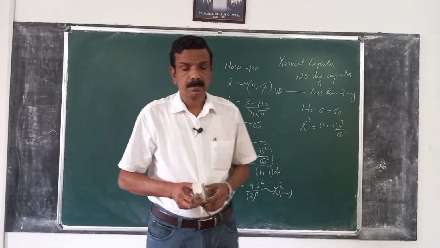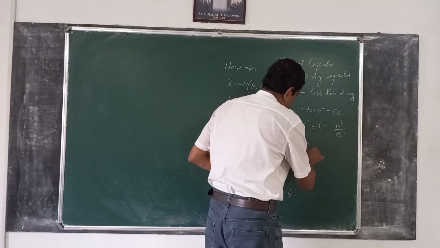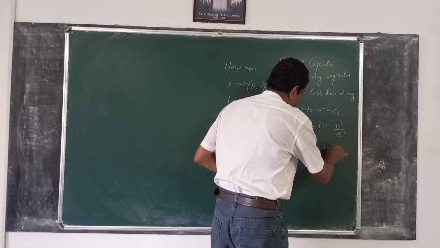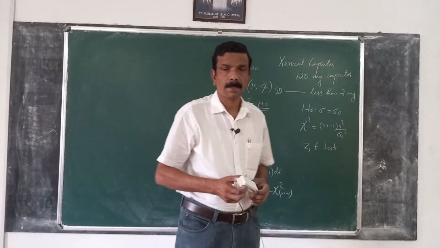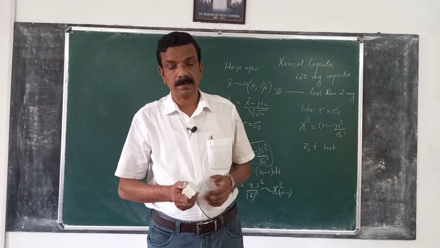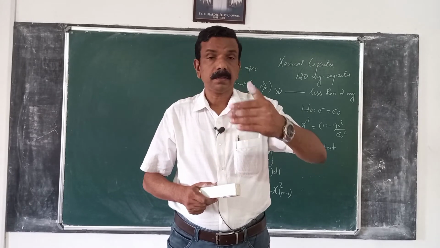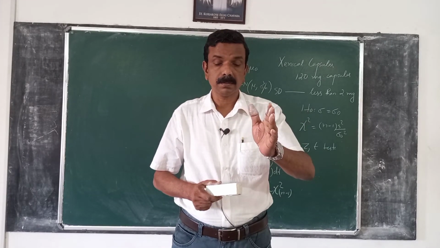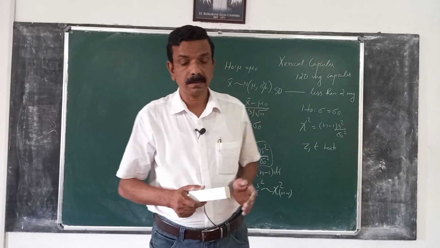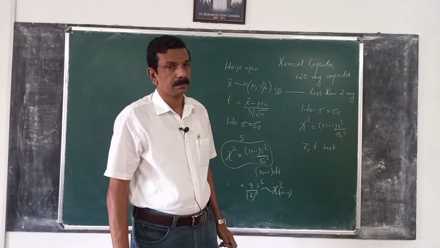Now remember this, unlike Z and T tests, which we have discussed earlier, chi-square test is not robust to even moderate violations of normality assumption.